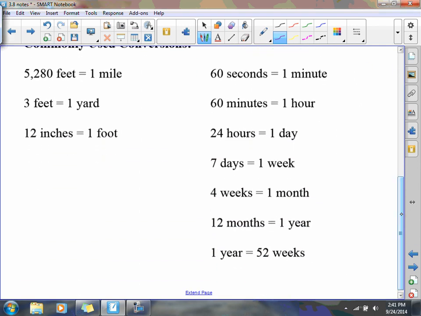So there are, oh, it's not actually listed here, but there are 365 days in 1 year. And then there are 24 hours in a day. That one's listed. So we should probably put 1 year equals 365 days. That could be added to our list as well.